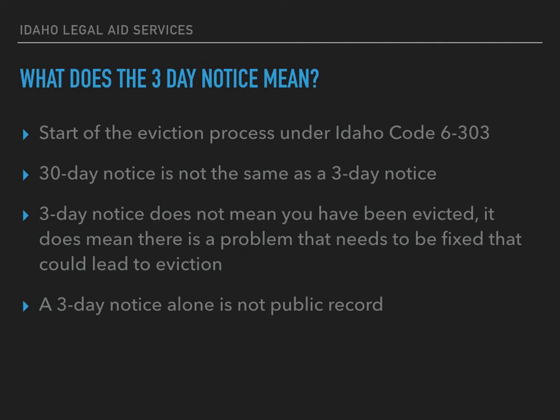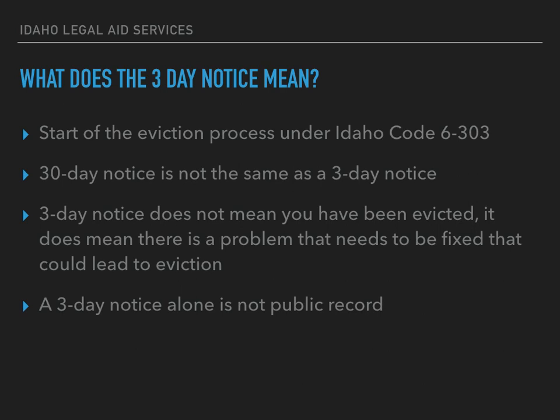Now, what does a 3-day notice mean? A 3-day notice is the start of the eviction process under that code section, Idaho Code 6-303. It is not the same as a 30-day notice. If you have a lease that is going to be ending soon, or you have a month-to-month lease, either the landlord or the tenant can give a 30-day notice to end that landlord-tenant relationship.